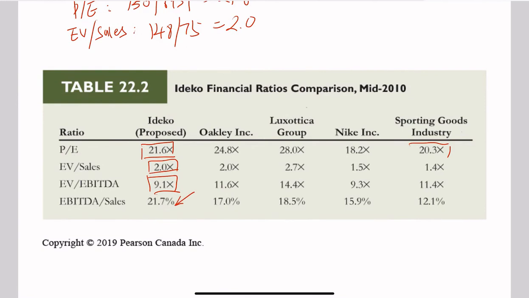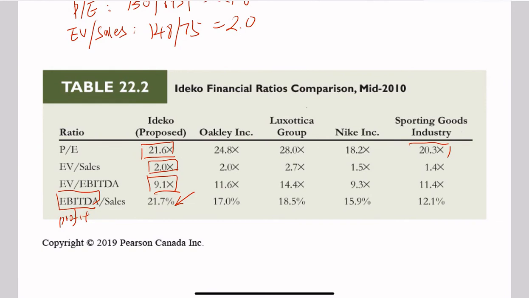This one is really a profitability measure. You can basically consider EBITDA as profit. So if you have a higher EBITDA sales ratio, it means the firm has higher profitability.